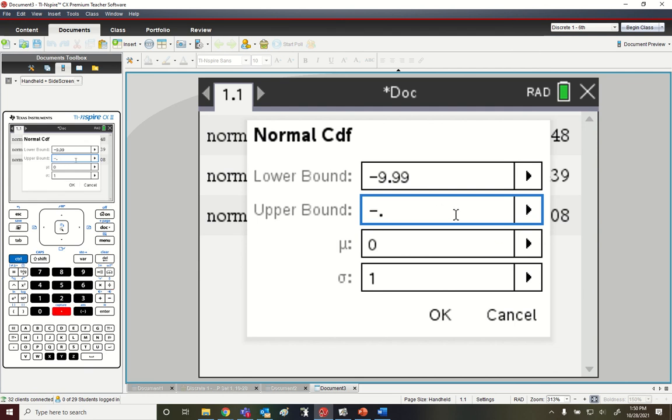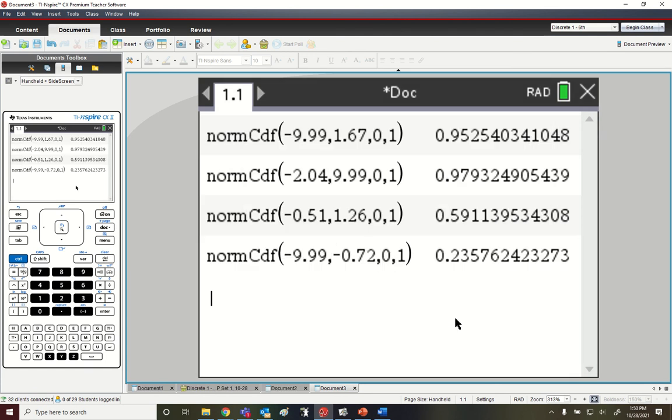Negative 0.72. Do I change the mean? No. Do I change the standard deviation? No. Hit OK.